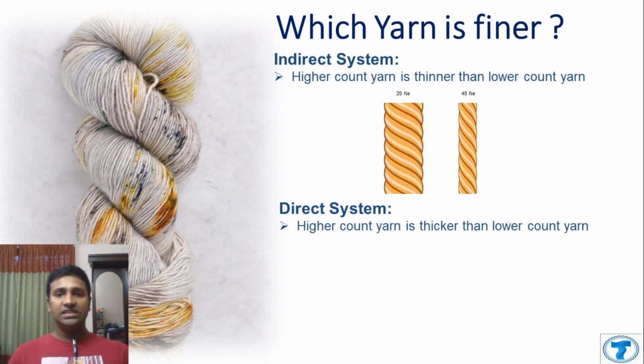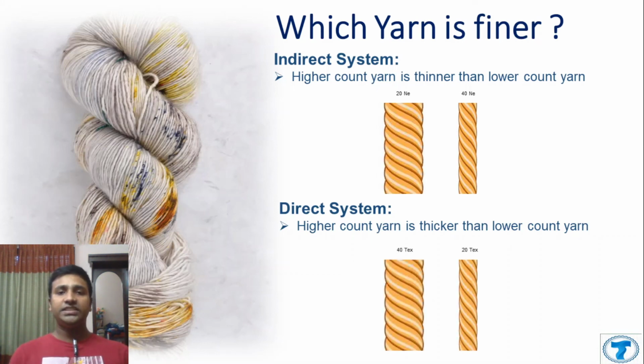A higher count yarn is thicker than a lower count yarn. If you see the picture, 40 tex is thicker than 20 tex. In short, in the indirect system, the higher the count, the finer the yarn. In the direct system, the higher the count, the thicker the yarn.